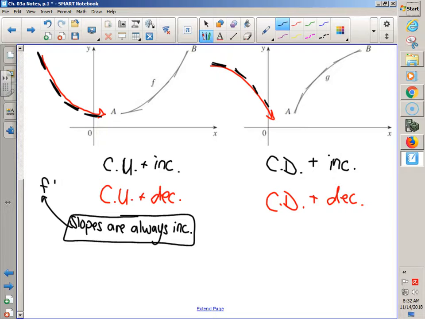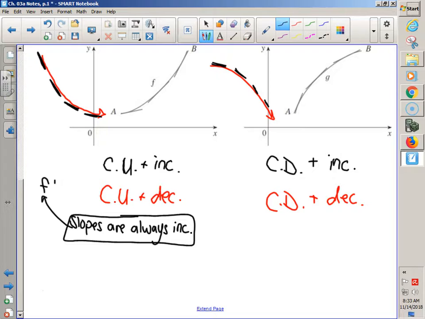What happens when the number gets bigger? The slope gets steeper. So if I have steep positive, like maybe 5, maybe 10, closer and closer to 0, aka what's happening to the slopes? Getting smaller. Good. So the positive numbers are getting smaller and the negative numbers are going more negative.